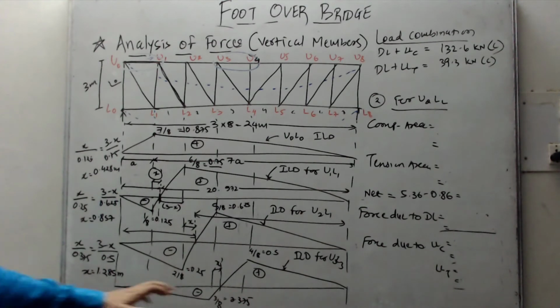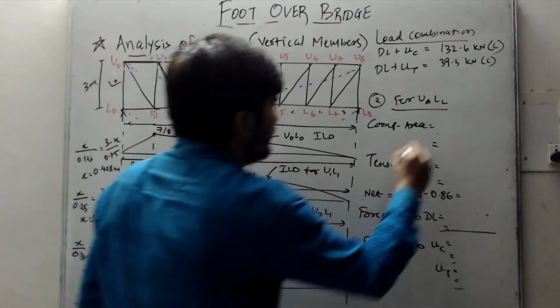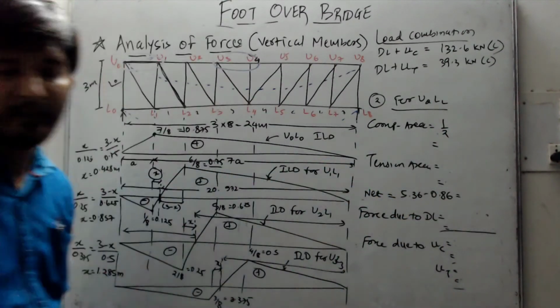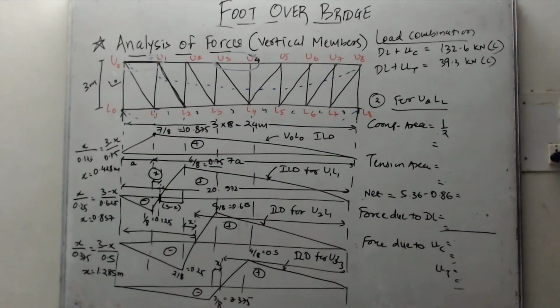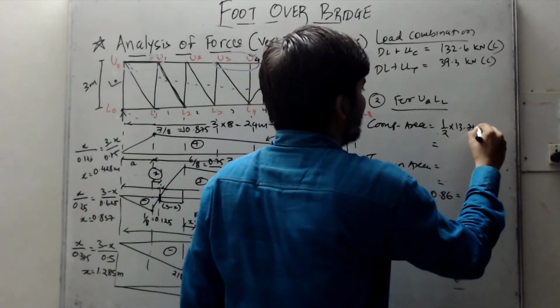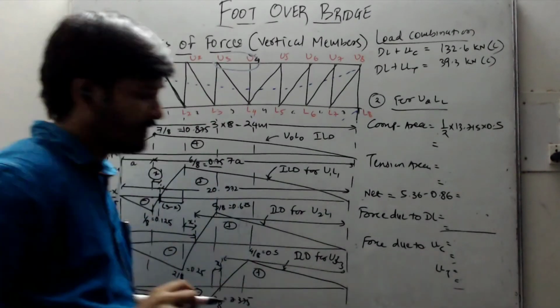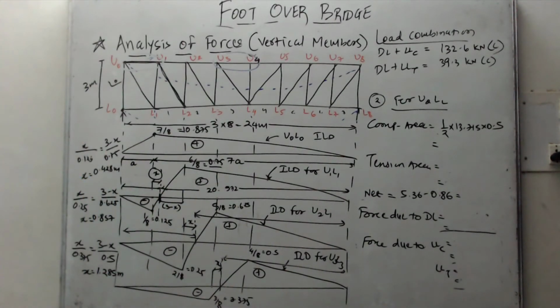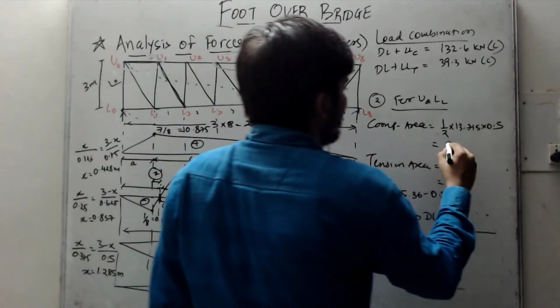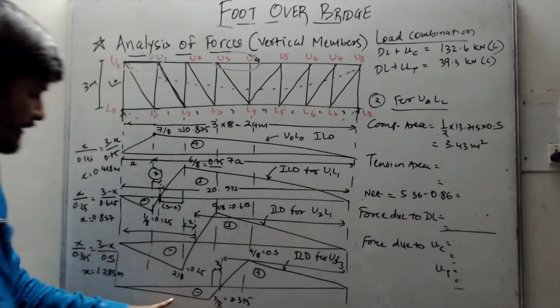So this will be my base now. So 1/2 base into height. Base will be 13.715 multiplied by 0.5, that is height. So I am getting this value as 3.43 meter square.